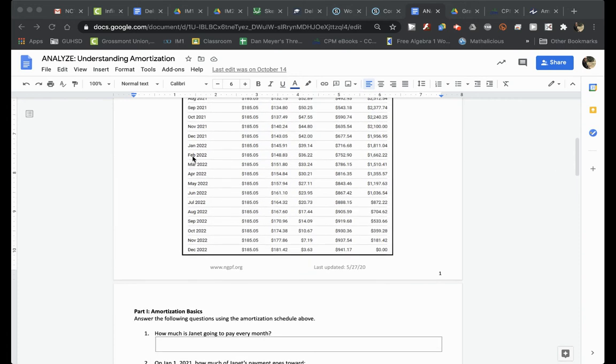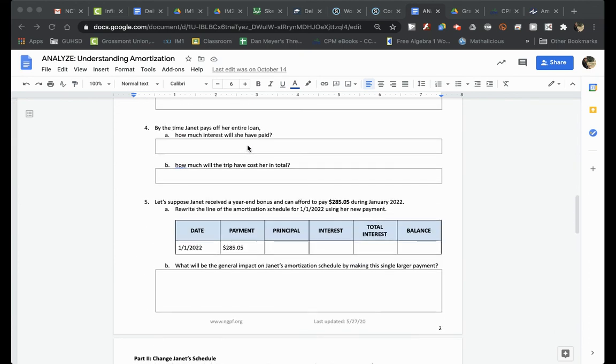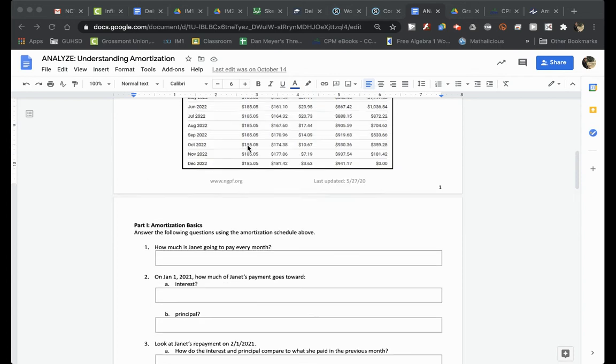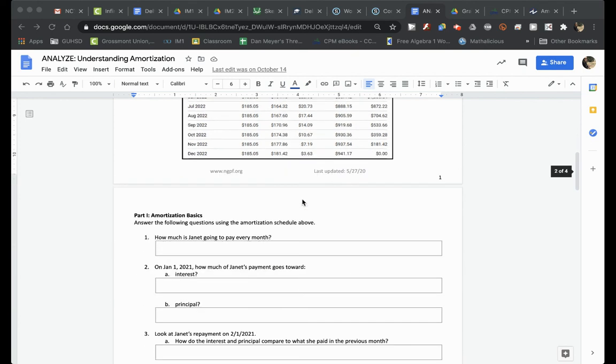So in January 2022, pretend that you're replacing this 185.05 with the amount that they were saying. She's saying that she's going to pay $285.05 instead. So you're going to write $285.05 and then adjust accordingly in this line. You should notice that that's probably going to go toward principal, and the interest will stay the same.